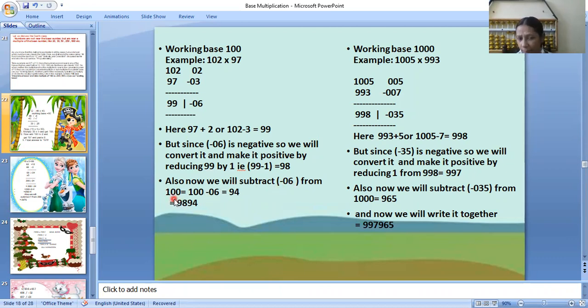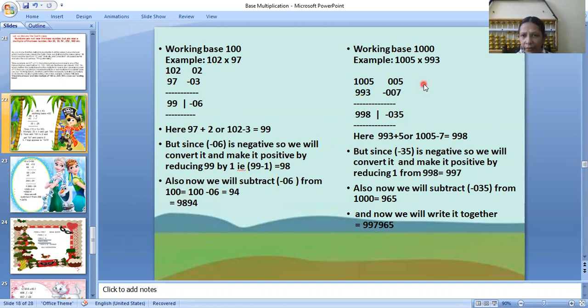What is the base here? The base is 100. So you have to subtract this negative term from the base. So 100 minus 06, you will get 94. You see, you got this 98, so I have written 98 here, and then you got this 94 here. So I have written this 94 here together. You will write down these numbers together. So you will solve it like this.